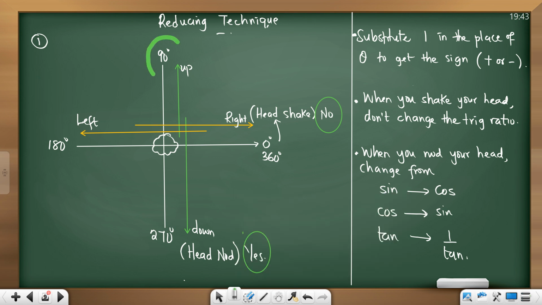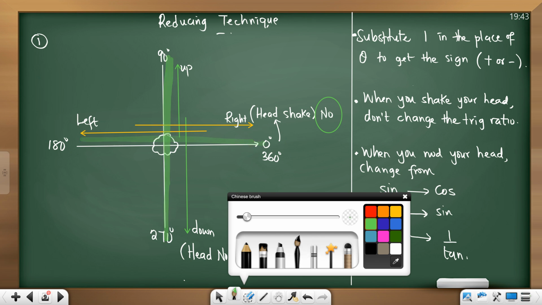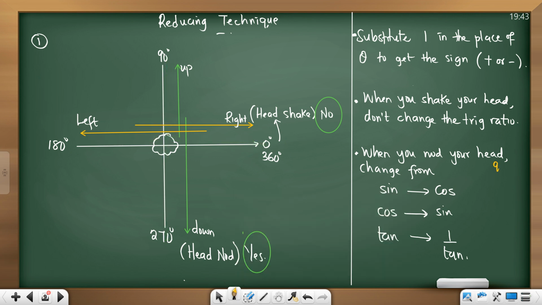When are you nodding your head? 90 and 270 you change. 0 and 360, 180. You are shaking your head. Can you see your head is moving left and right? You are not changing. When you go up and down, 90 and 270, you change. When you nod your head, look at my notes, 90 degrees, 270 degrees, you change.